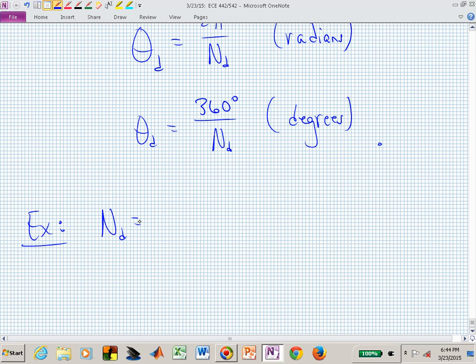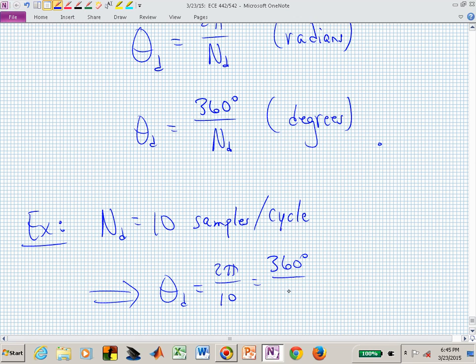Example, if N sub d is 10 samples per cycle, theta sub d is now 2 pi over 10, or 360 degrees over 10, or that's now 36 degrees.